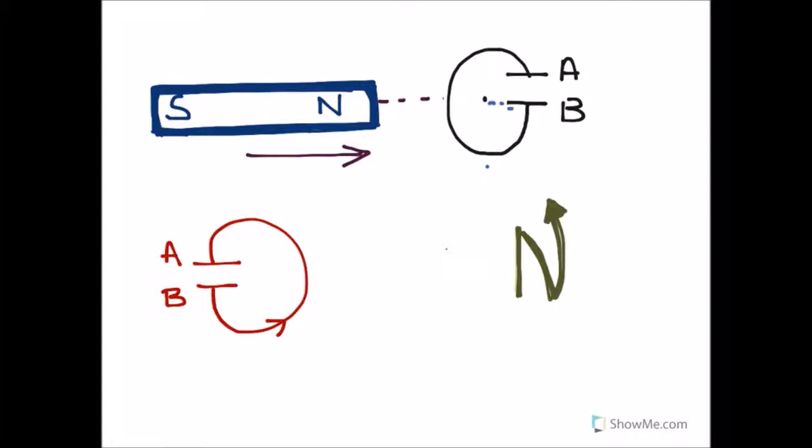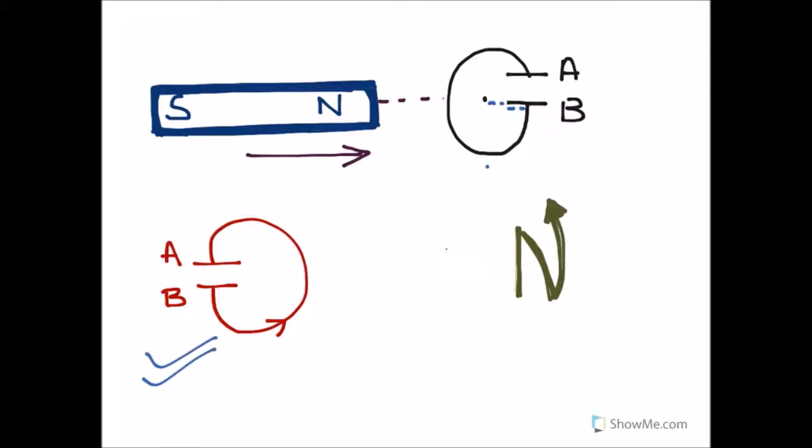Once you have dotted lines on this side, this means that if you look at the capacitor plates A and B of the loop from the side of the magnet, they fall on your left hand side. Exactly like this.